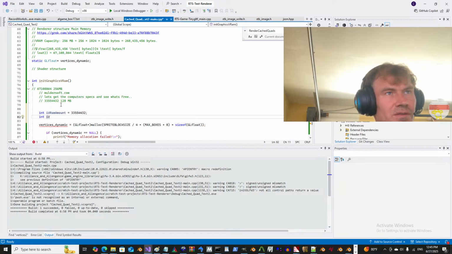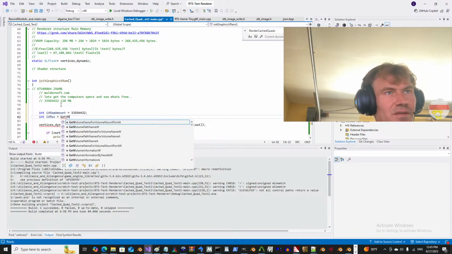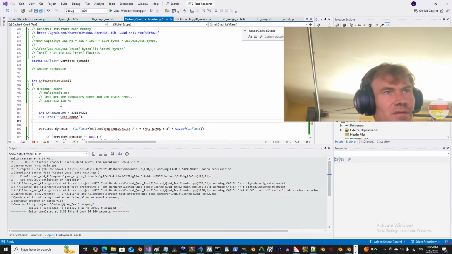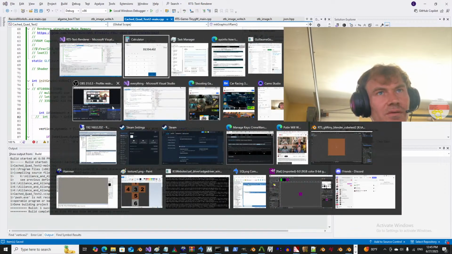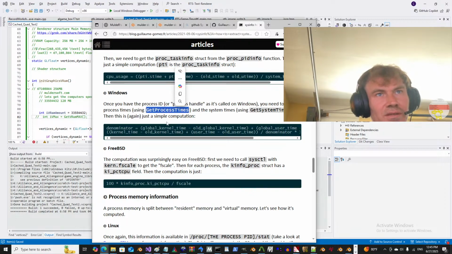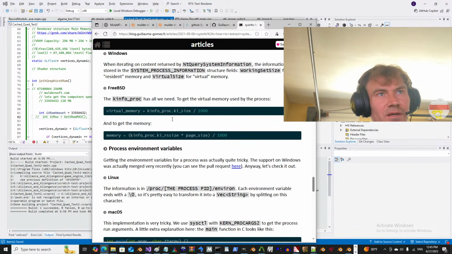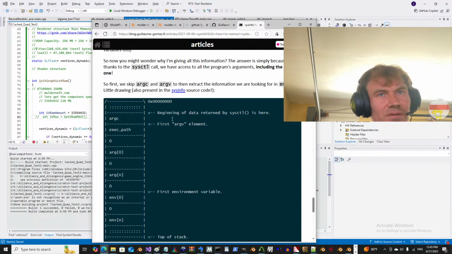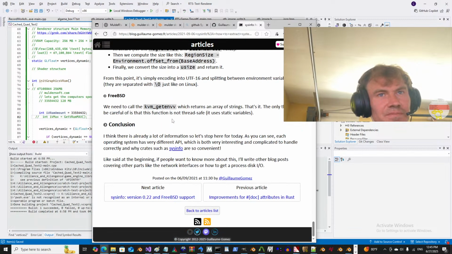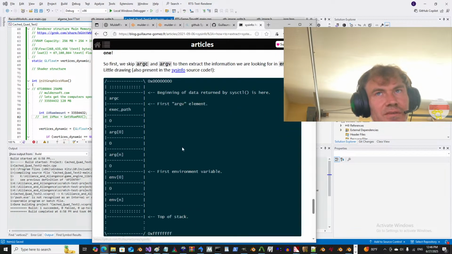VRAM max is equal to get VRAM max. And I don't have this function yet. I would need to make it. Load up a side library that'll do some sort of system call to the kernel or something and ask it this info. So convenient.